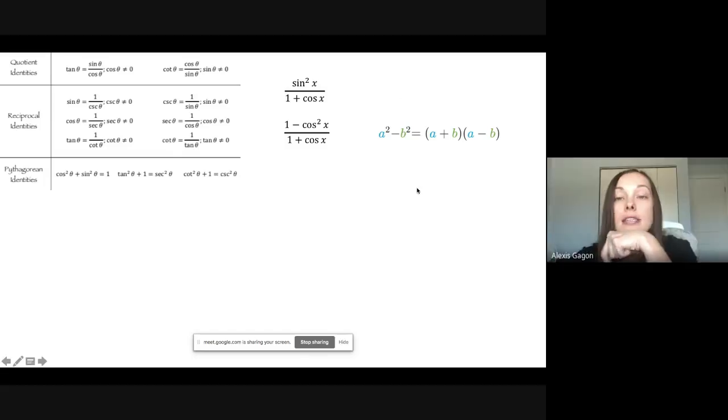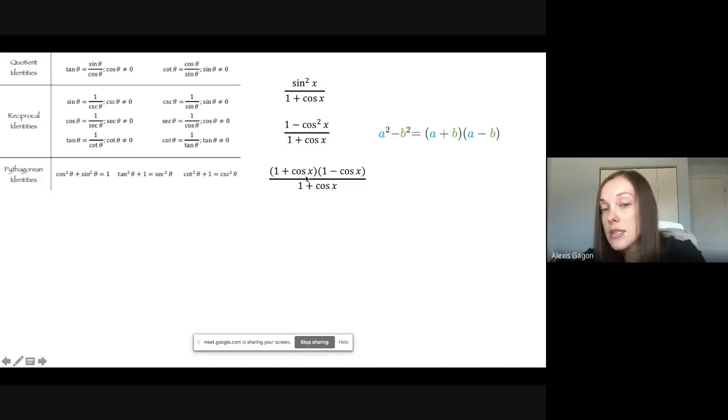Okay, so here, this is the difference of squares because a squared is the same as 1 squared, and b squared is the same as cosine squared of x. So b would be cosine, a would be 1. So then the top of this factors to 1 plus cosine of x and 1 minus cosine of x. And we could check this. I didn't do it over here, and I can't really write on this. Oh, maybe I can.